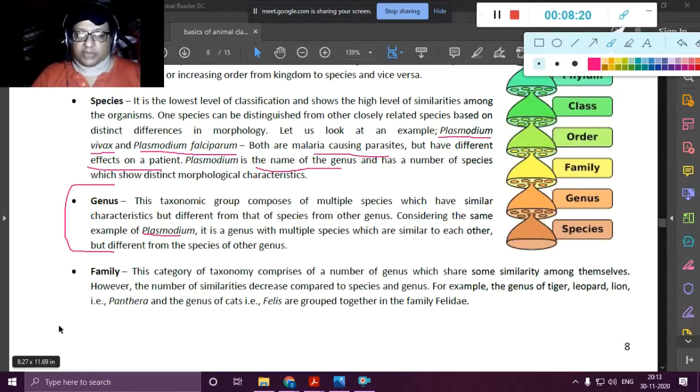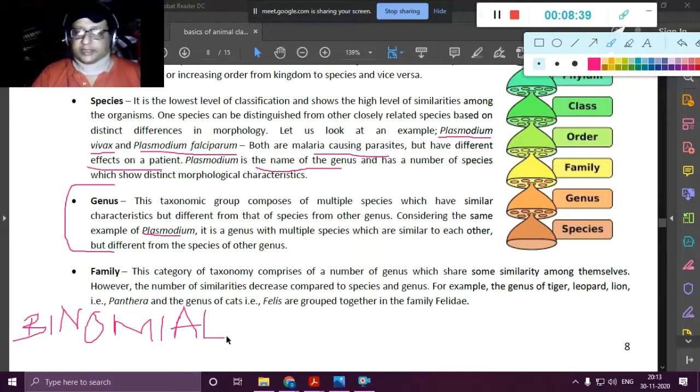So whenever you are using binomial nomenclature, always the generic name is written first.